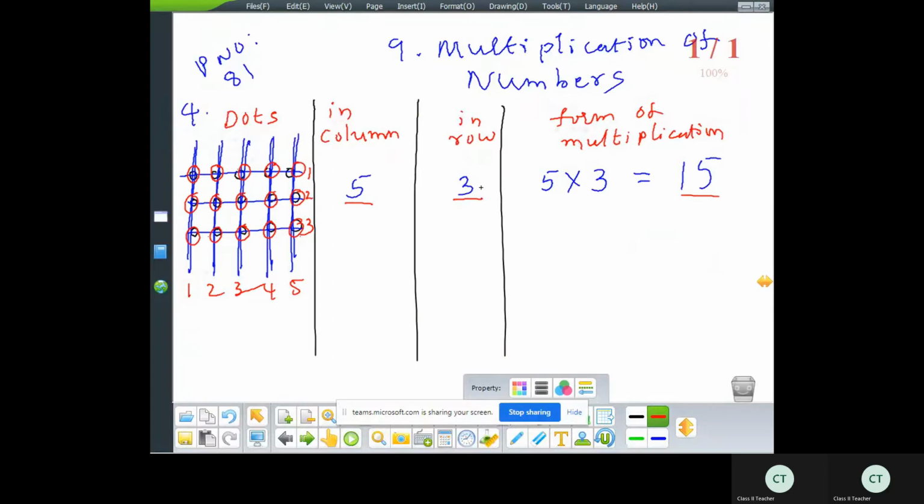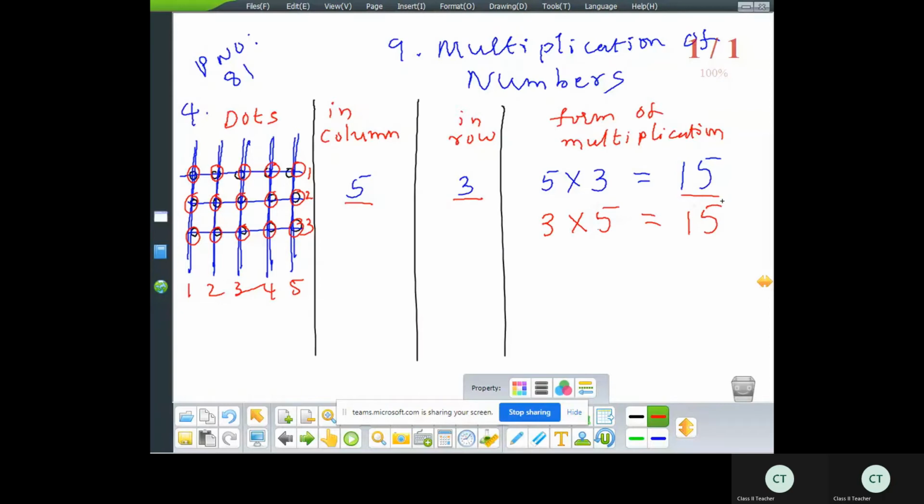Okay, children. This is question 4, first part, from page number 81. 5 threes are 15. And we can write 3 fives also 15. How?